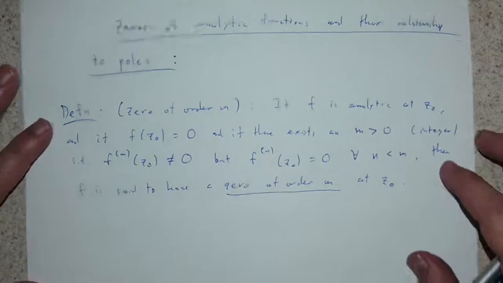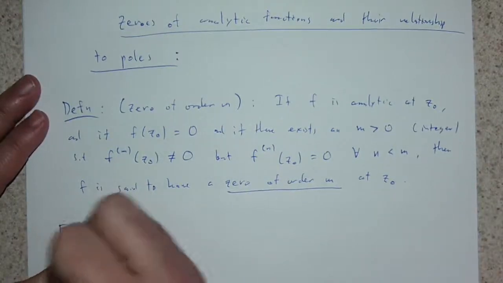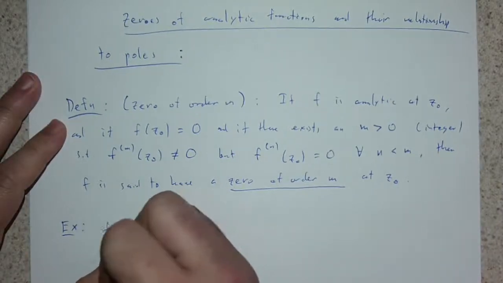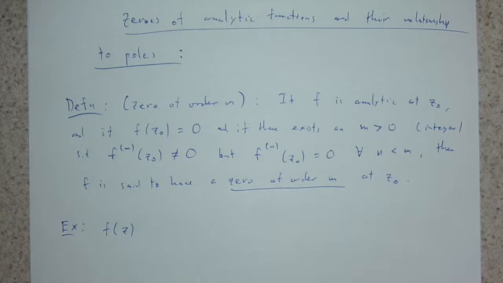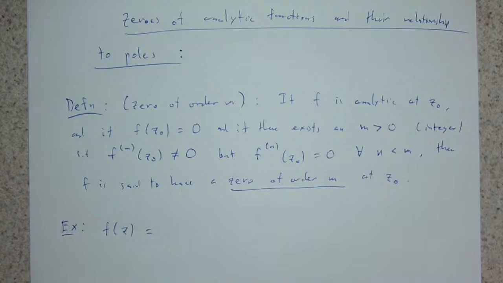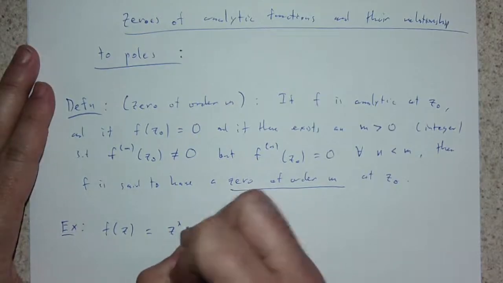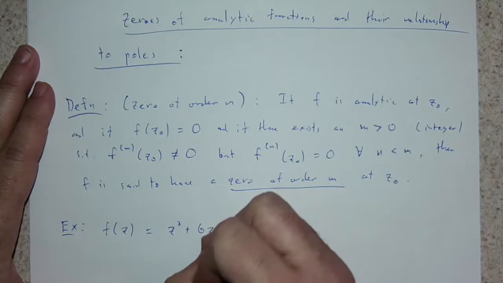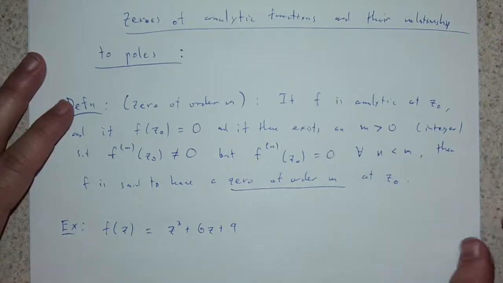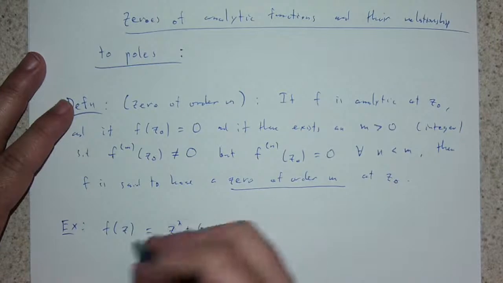Let's do a quick example of this. All right, so what about f of z, let's say this is z squared plus 6z plus 9, and let's look at this at, say, z equal to minus 3.